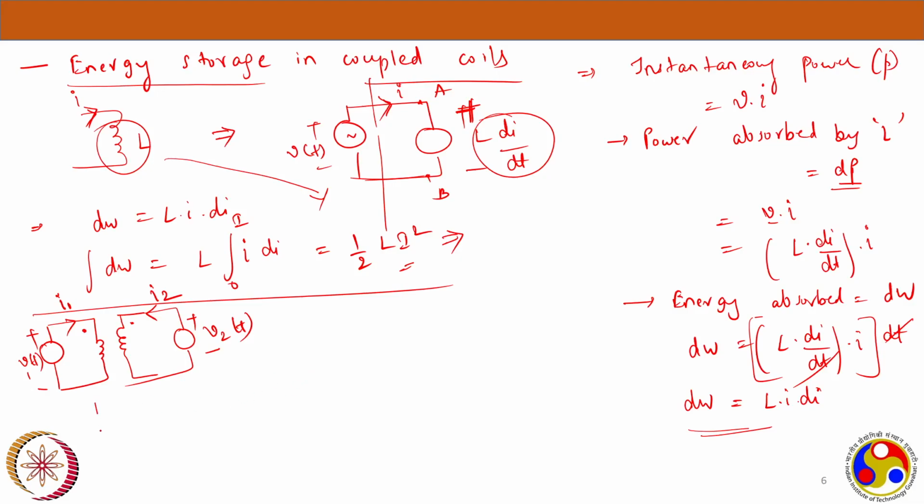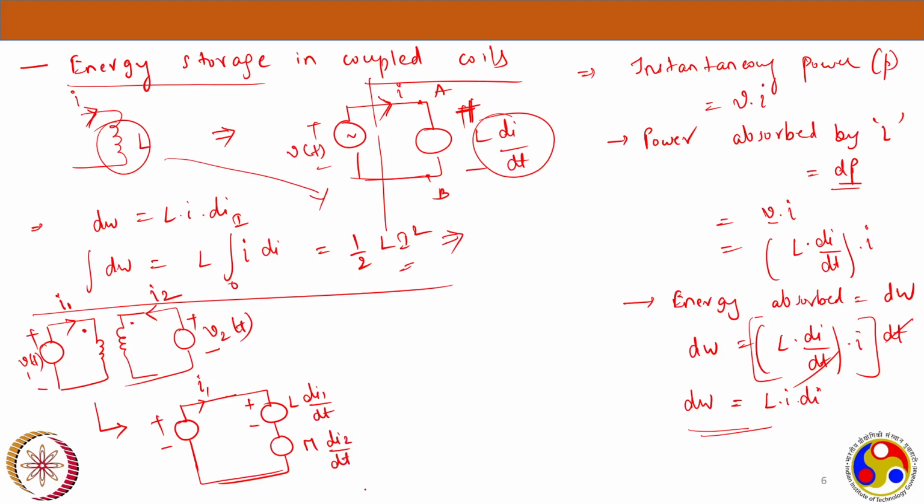Now if I try to draw the equivalent circuit for it, there is plus and minus here, that is voltage, and there is current being sent, and there are again two voltages, right? One is due to the self and one is due to the mutual, and the same polarity will be for the self, that is L1 di1 by dt, of course, and there is a mutual part, M di2 by dt.